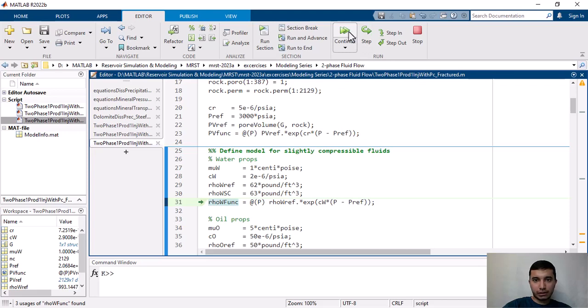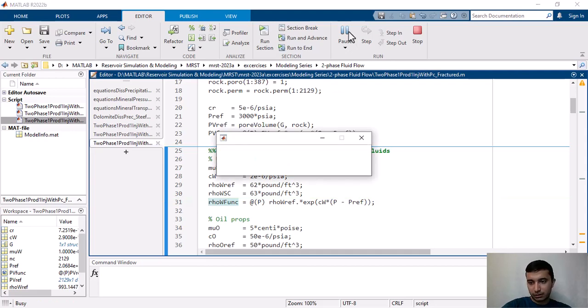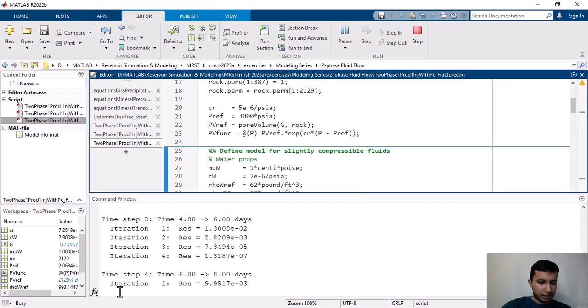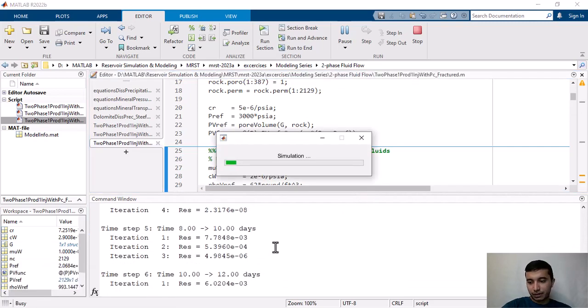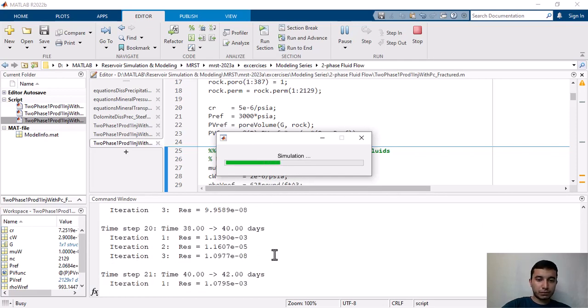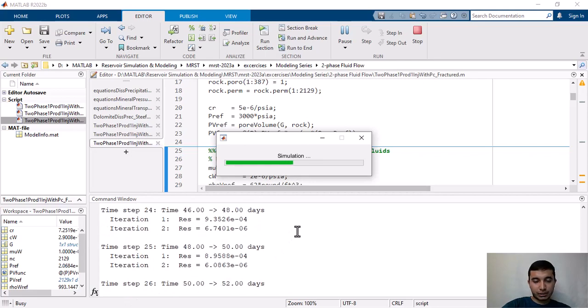So let's continue running the code and see what the output of the fractured model is going to look like. Because the number of cells in this case is higher than the previous case, the runtime is more, and when the video recorder is not running, it's much faster.